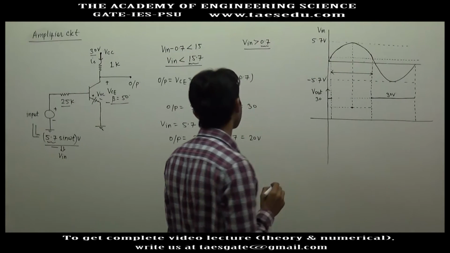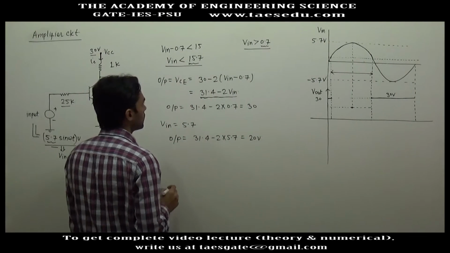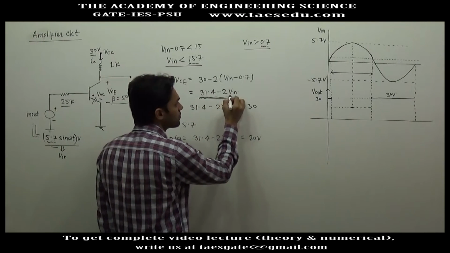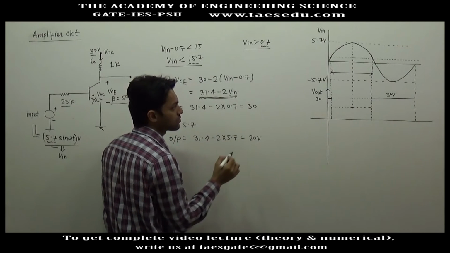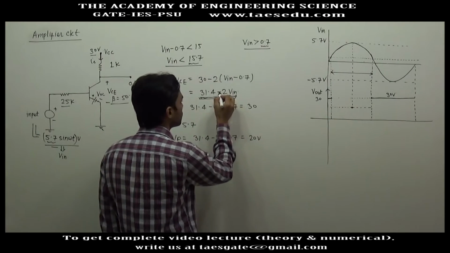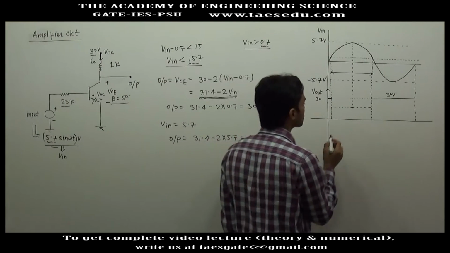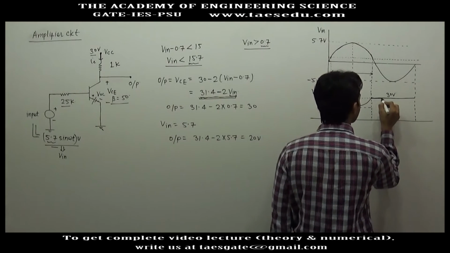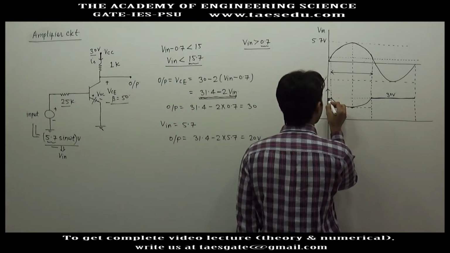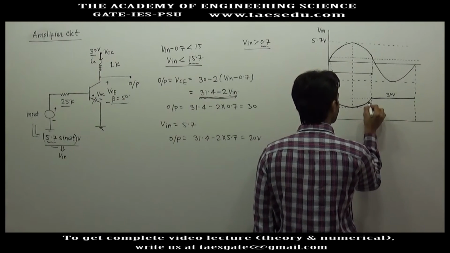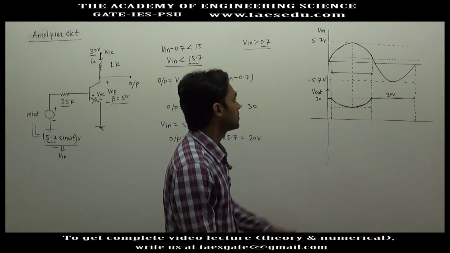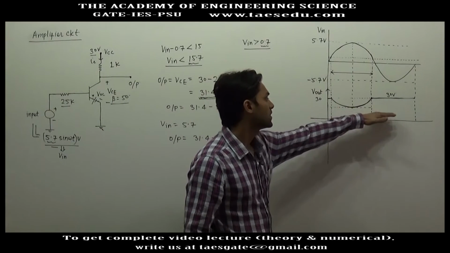And this is the expression of output voltage, and since input is sinusoidal, the curve will be sinusoidal, although we are subtracting it. So you will get this type of graph. This is the graph of output voltage. Since the input is periodic, this graph of output voltage will be repeated.